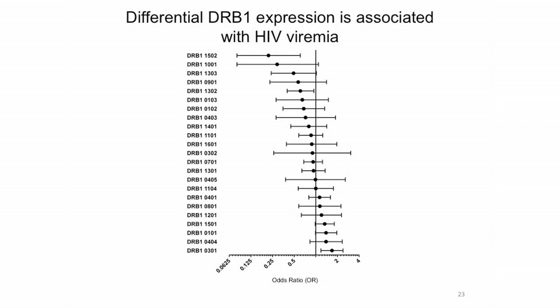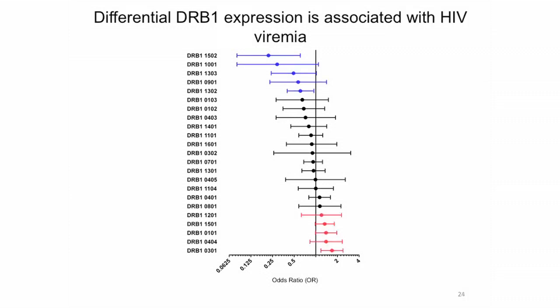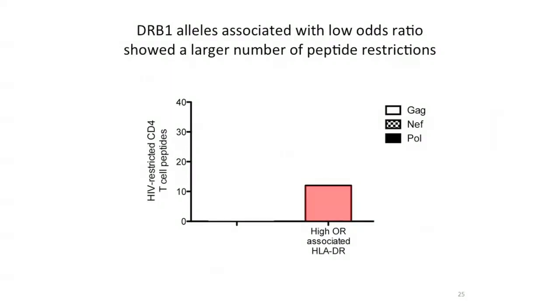And so we wondered whether this cluster of the ones that are rather associated with protection or the ones that are rather associated with progression are actually involved in control. So we went back to our first cohort and stratified our HIV-restricted responses just based on those groups.